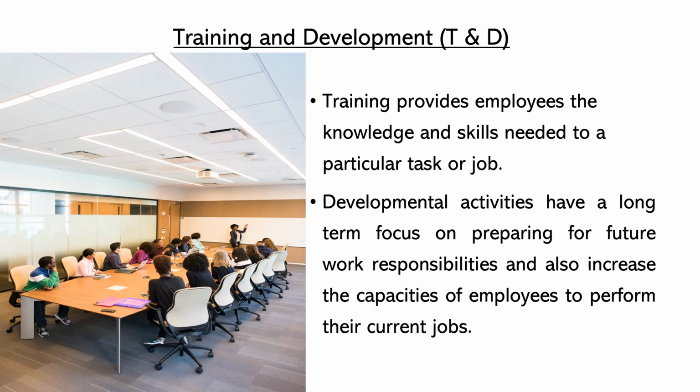Now, development means you train that bowler to become an all-rounder. He should be good in batting, fielding, wicket keeping. So in all the areas, he should have that versatility. That is development and training.